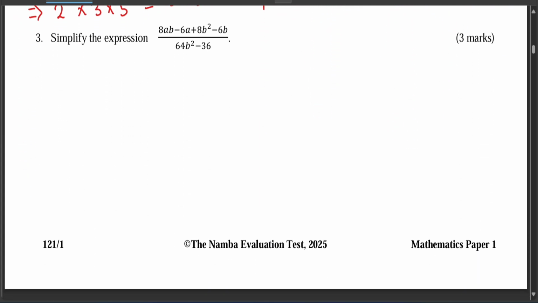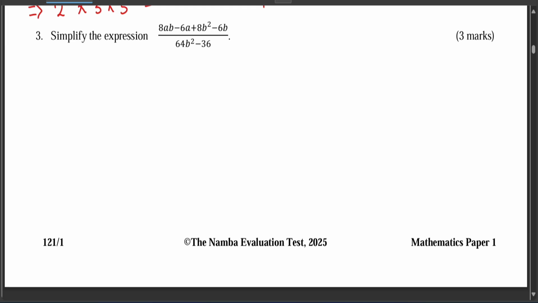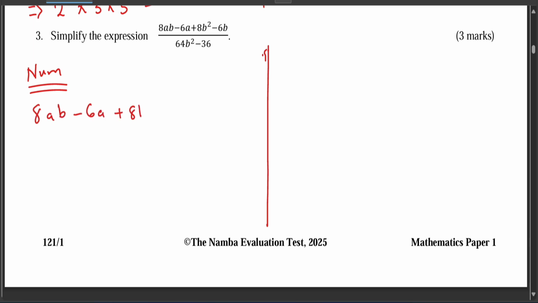Question 3. Simplify the expression (8ab - 6a + 8b² - 6b) over (64b² - 36). Sawa? So ni rahisi. So hapa wacha tuangalie kwa numerator, then we'll go to the denominator. In the numerator una 8ab minus 6a plus 8b squared minus 6b.